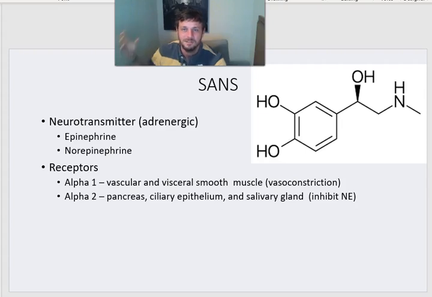And what you see is contraction. So when alpha 1s get stimulated, they contract. And so they get smaller. Because you don't want a lot of blood going to your visceral smooth muscle. That takes blood away from other parts of the body.